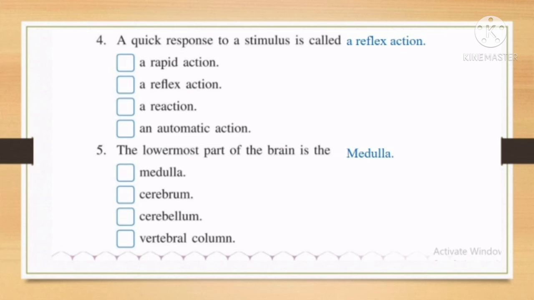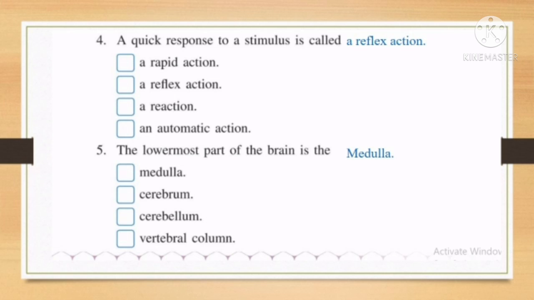Now let's do the fourth one. Fourth, a quick response to a stimulus is called. The options are a rapid action, a reflex action, a reaction, or an automatic action. So my dear class, the correct answer is a reflex action.